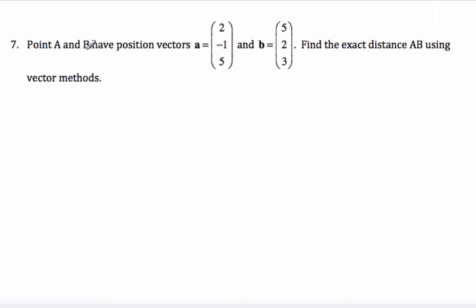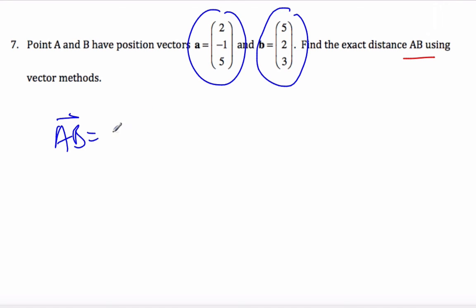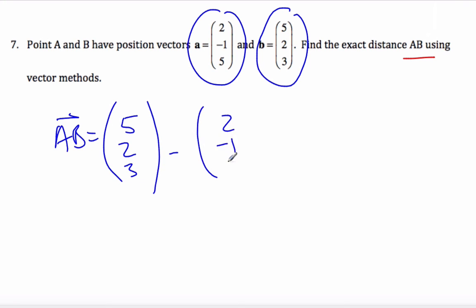So if I have points A and B with these position vectors, find the exact distance AB using vector methods. Well, AB I know is the head minus the tail. So it's (5, 2, 3) minus (2, -1, 5), which is (3, 3, -2).